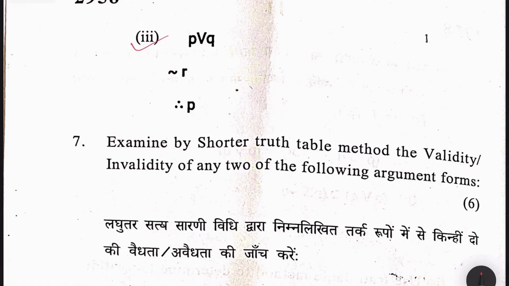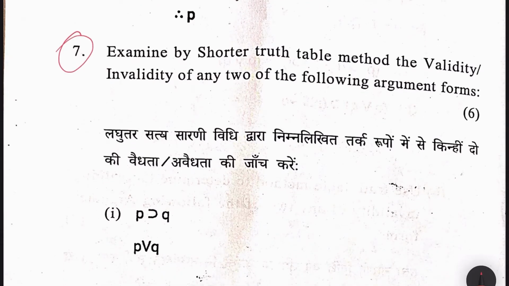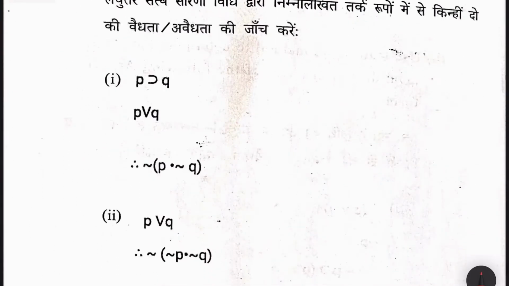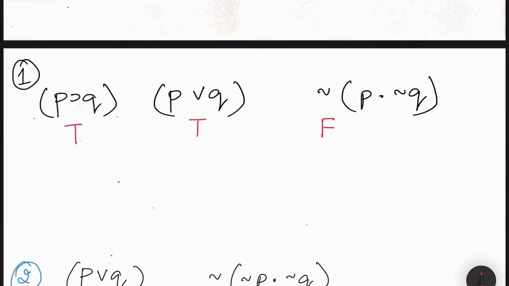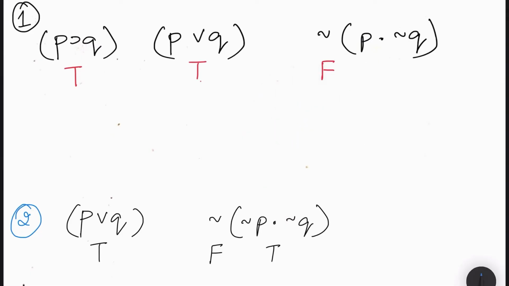Similarly you have to solve the other question. Now moving to the next question, number 7, shorter truth table method. In case of the shorter truth table method, I've already done that. So what you have to do is again assume the premises as true and the conclusion as false. Now here you will find that if this is false, so again negation gets false because this is the main operand.